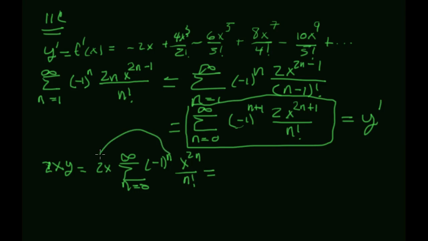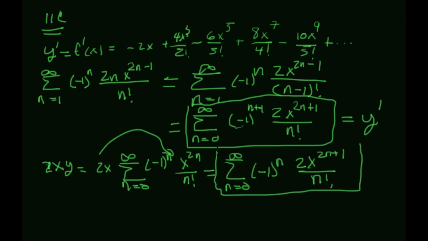If I distribute the 2 into that, I get the sum from n equals 0 to infinity, -1 to the n, 2. Now x times x to the 2n is x to the 2n plus 1, still over n factorial. Now, take a look at that. These things look almost identical, except this one has an n plus 1, and this one has an n.